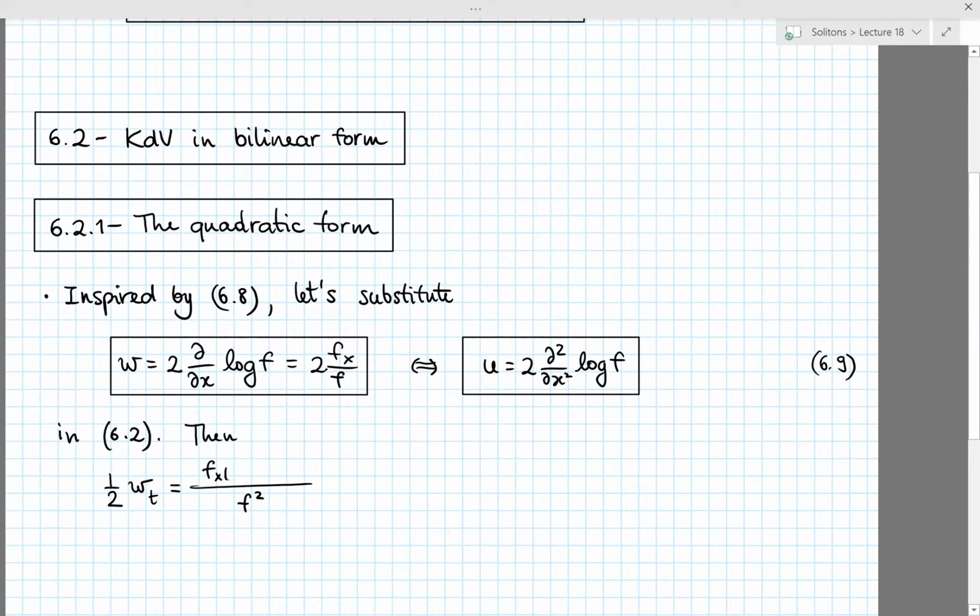So that's fxt times the denominator, which is f, minus numerator times the time derivative of the denominator, which gives me fx ft. And similarly, a half wx will be equal to fxx f minus fx squared over f all squared.